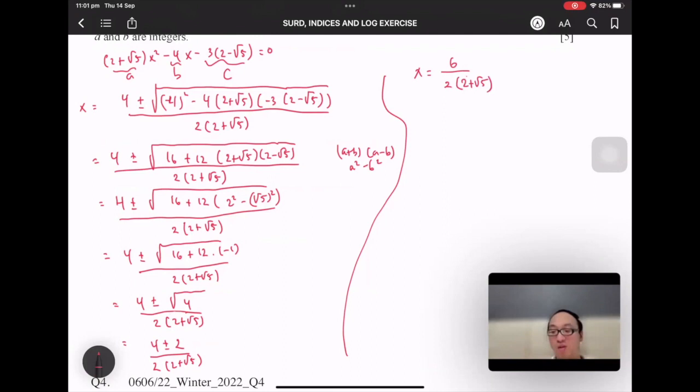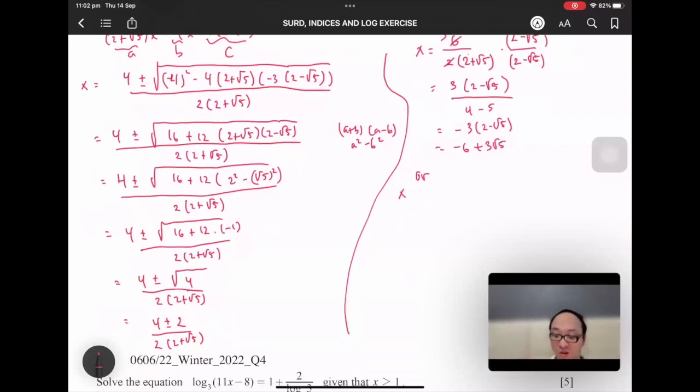So we have to rationalize, times 2 minus root 5 over 2 minus root 5. So this is 3. So 3 times 2 minus root 5 over, this is the same thing, so 4 minus 5. So it's negative 3 times 2 minus root 5. So negative 6 plus 3 root 5.